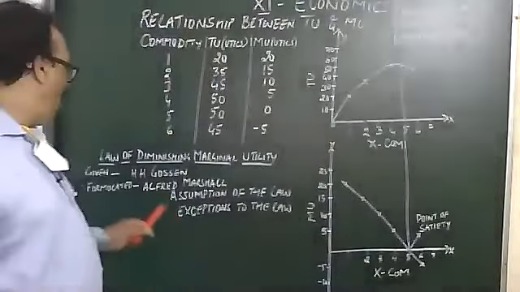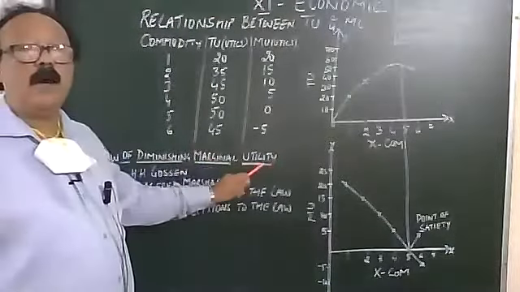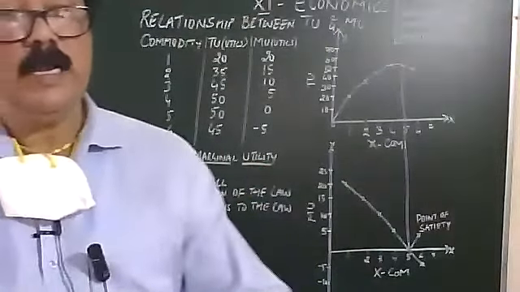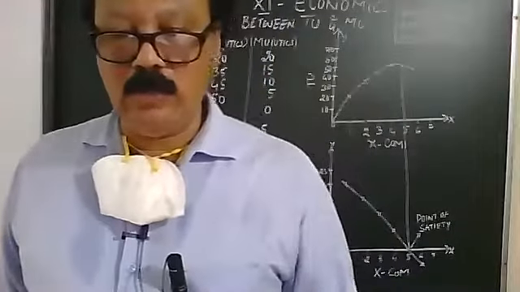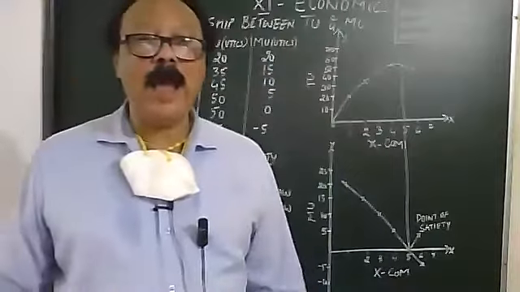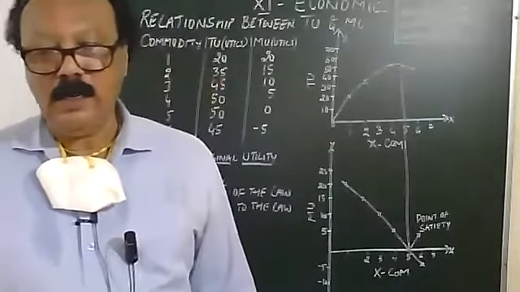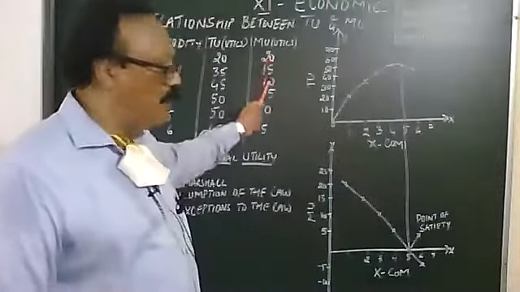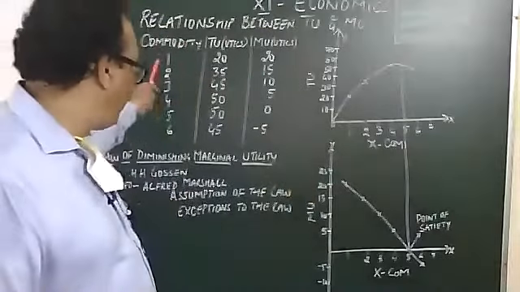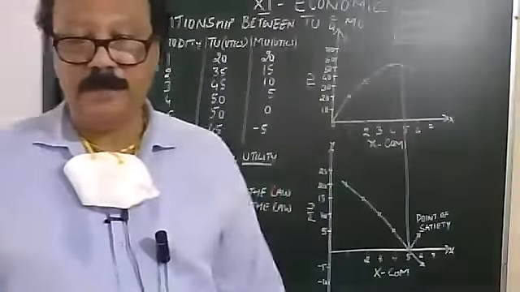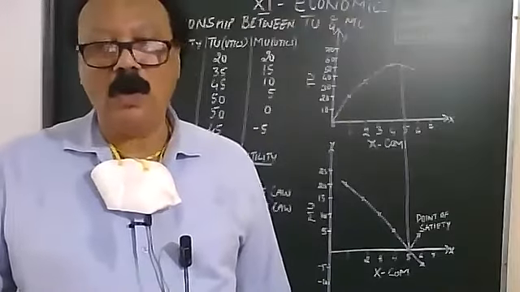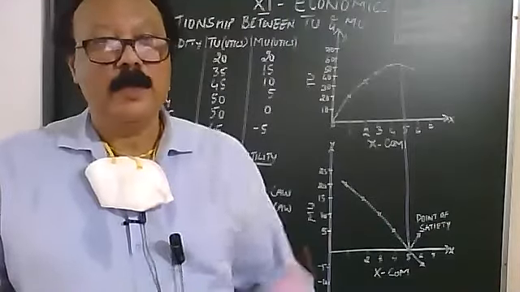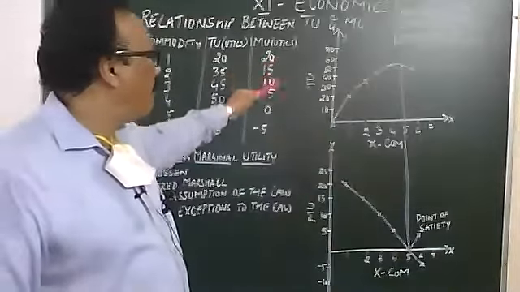Otherwise, the law of diminishing marginal utility applies, where the law simply says that as a consumer consumes more and more commodity, the marginal utility derived by the consumer from the successive units, one after the other, goes on declining. In other words, the marginal utility will keep falling.